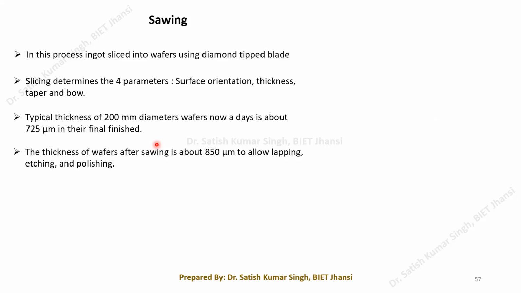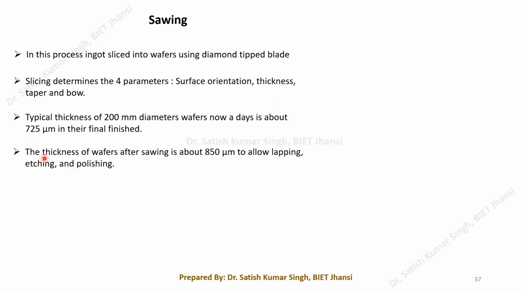So whenever we cut the wafers initially, we have to ensure that the thickness is high, so that the other operations can also be performed and we are finally able to get this particular thickness.